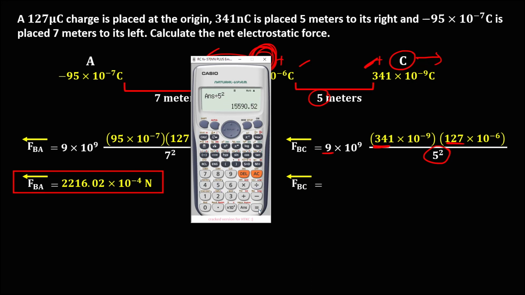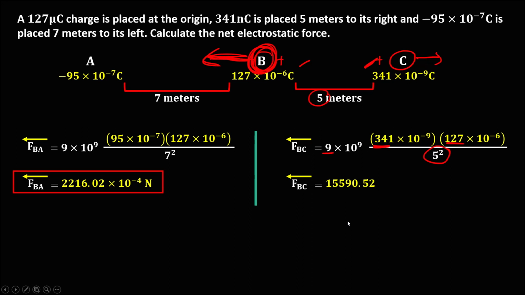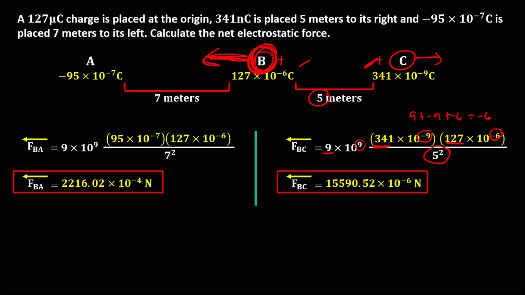So that's 15,590.52. Then for the exponent, add first these three exponents: 9 plus negative 9 plus negative 6. So the exponent is negative 6. So times 10 to the power negative 6 Newton. So this is now the force between B and C.